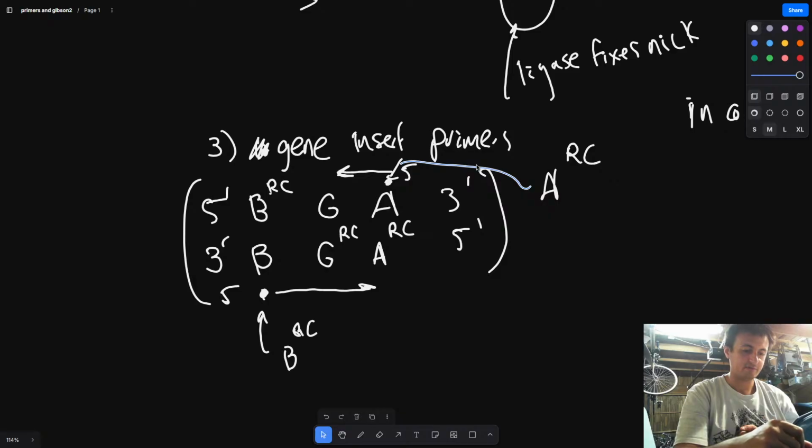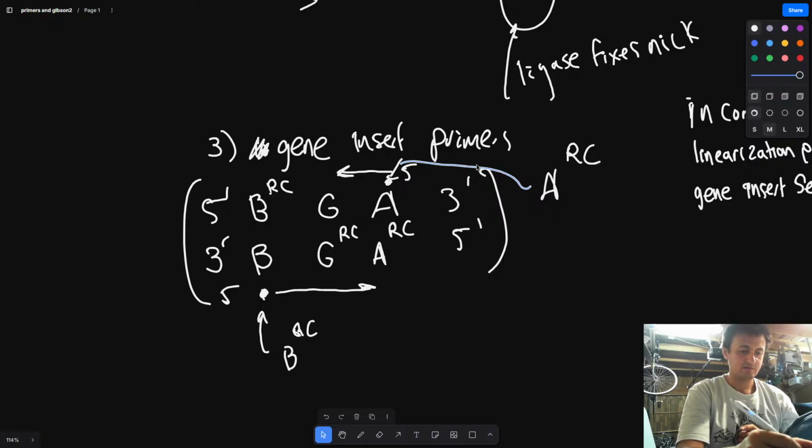So, oh my fudge, in conclusion: linearization primers A, B. Gene insert sequence: 5 prime B R C G A 3 prime.